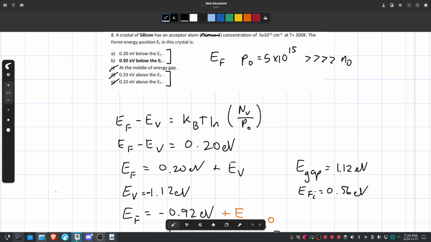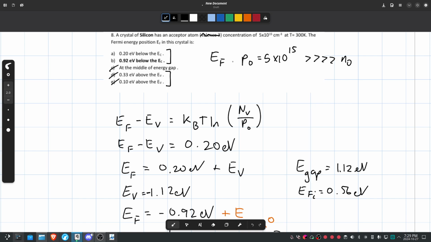Is p0 the same as N_A? N_A, what is N_A? I believe so. N_A is the number of acceptors, right? Yeah, the number of acceptor dopants. I have written down that N_A is the concentration of acceptor atoms.